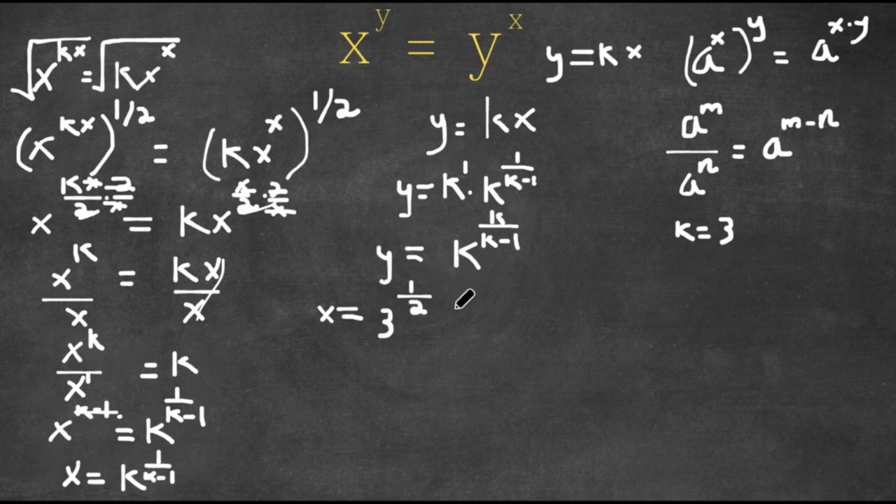And 3 to the power of 1/2 is the same thing as the square root of 3. So we know that x is the square root of 3. So now if we substitute 3 into the equation for y, we get y equals 3 to the power of 3 over 3 minus 1, which is 2.